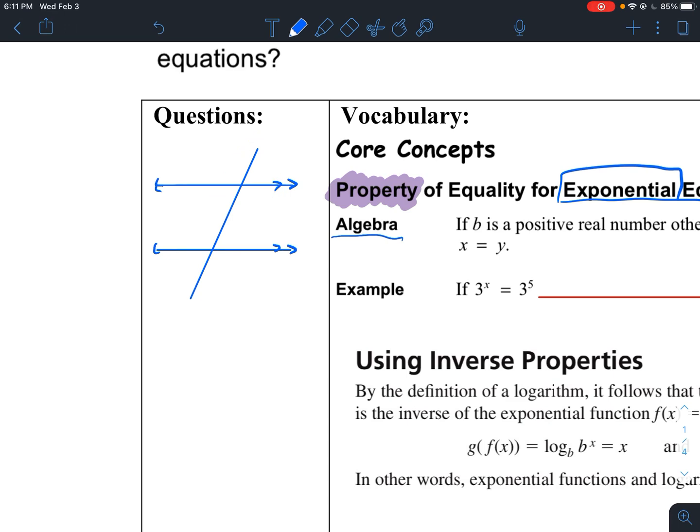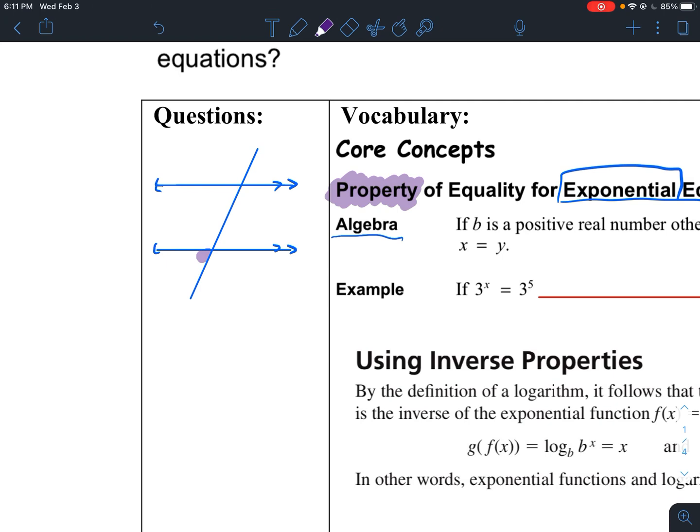What happens in this situation is that you create a bunch of angles that are equal to each other. So this angle right here and this angle right here are what we call congruent, or corresponding angles. And this angle is corresponding to this angle, and so on for the other pairs.